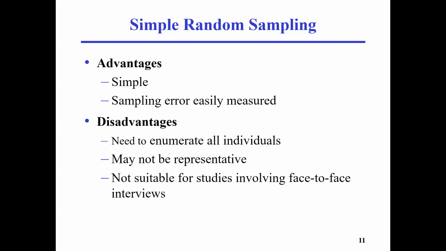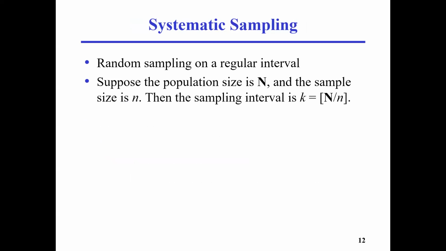So that's a problem. Next one is called systematic sampling. This is more complex than simple random sampling. Let's just say it's random sampling on a regular interval. Let's assume the population size is N. We have N individuals here, uppercase N, and the sample size is lowercase n.